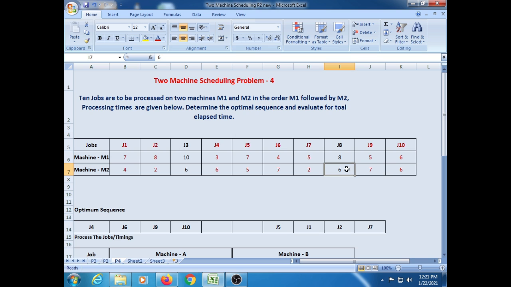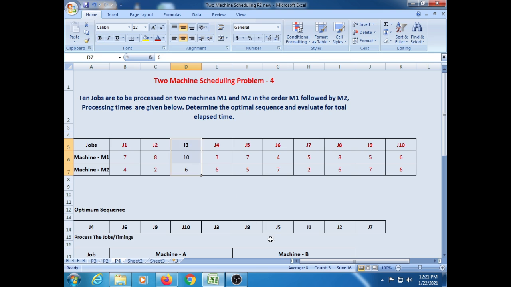The processing time is relating to machine 2, that's why we have to place the job from right to left. I just change the color here. Only one job remains, simply you can place it here.